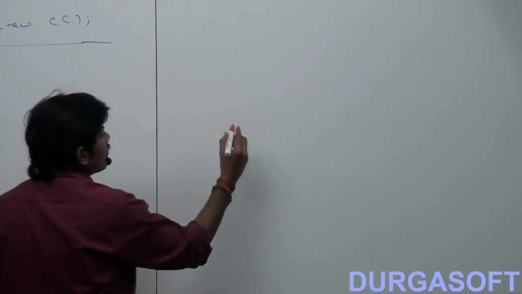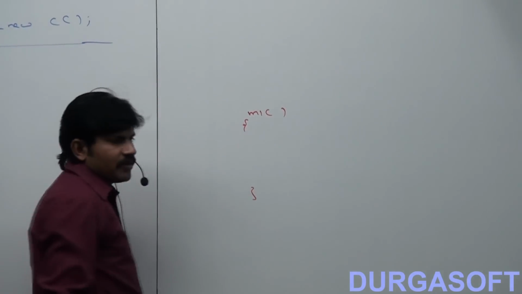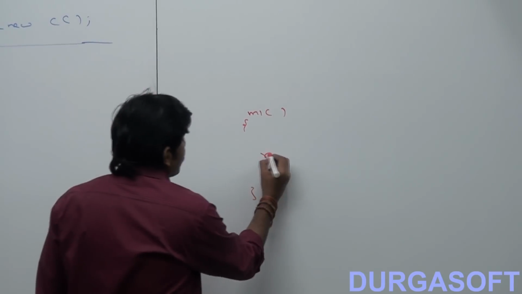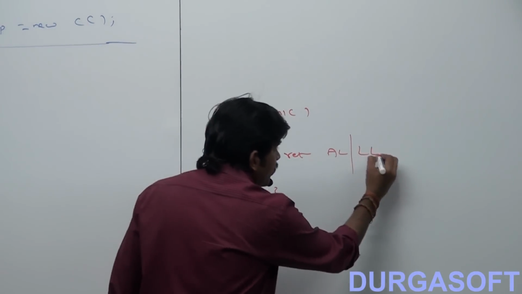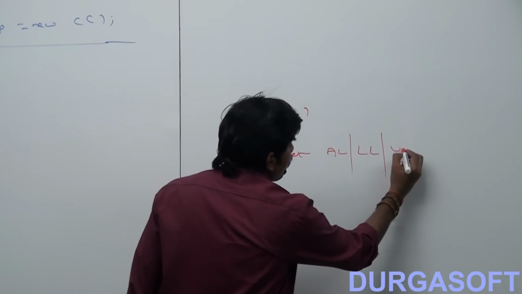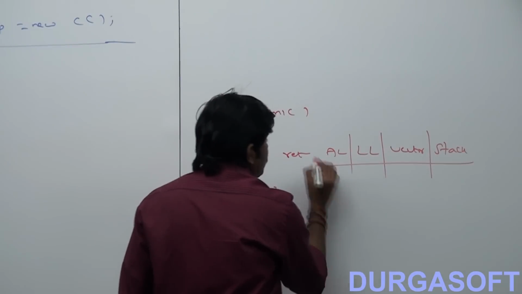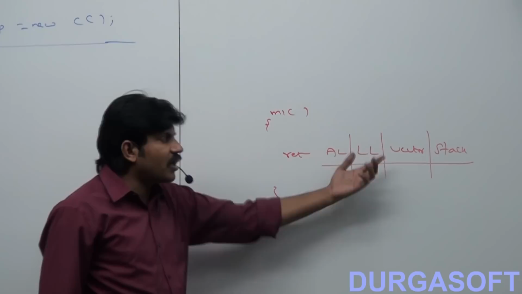Let me go for one more example so that you people can feel comfortable, right? Suppose I have one method m1. Within this method, based on processing, I may return an array list object or linked list object or vector object or stack object. Based on processing, my runtime object may be array list or linked list or vector or stack.